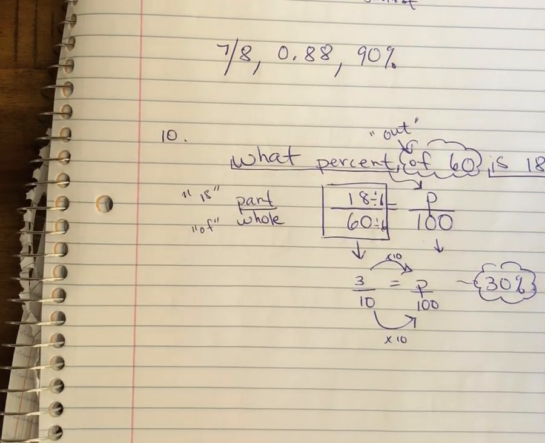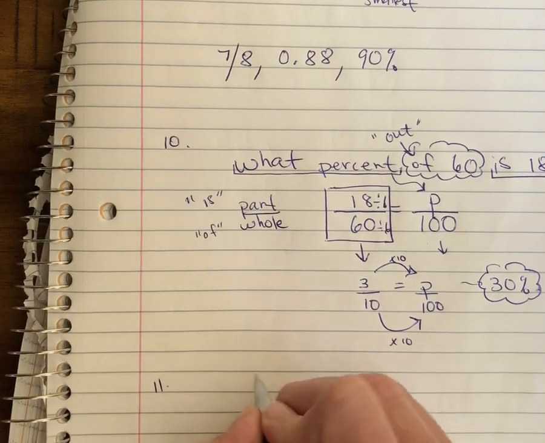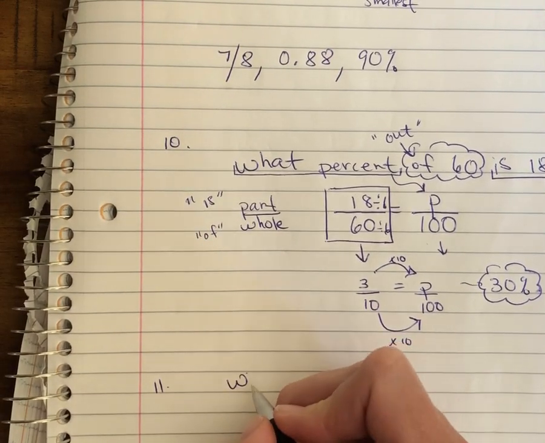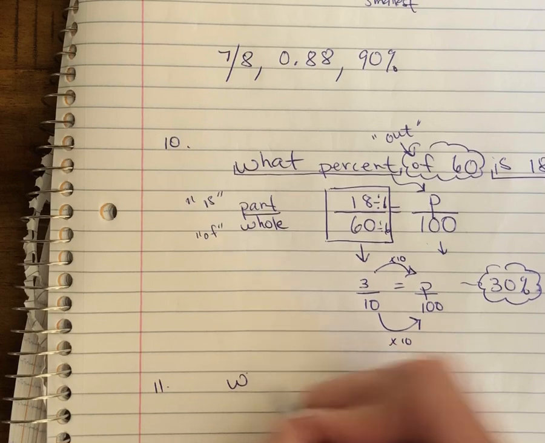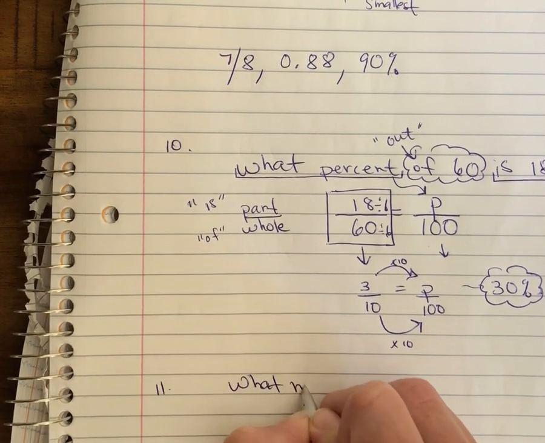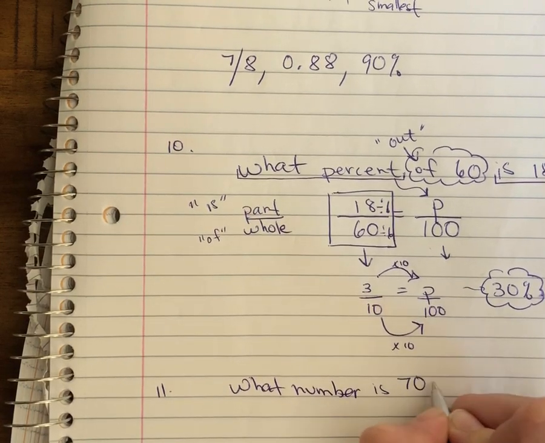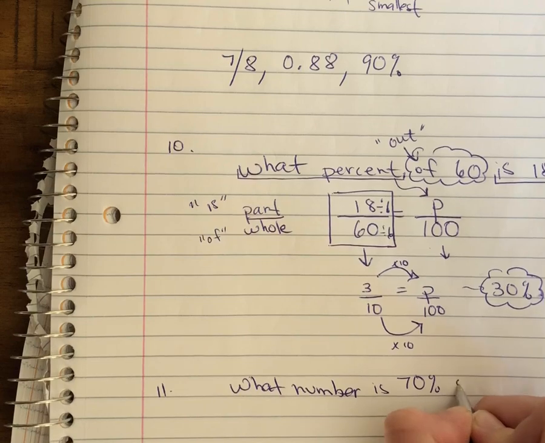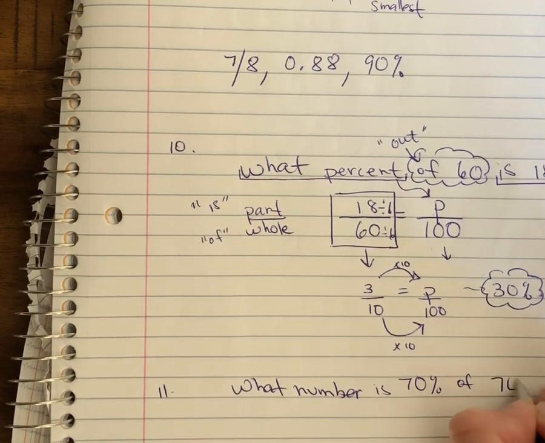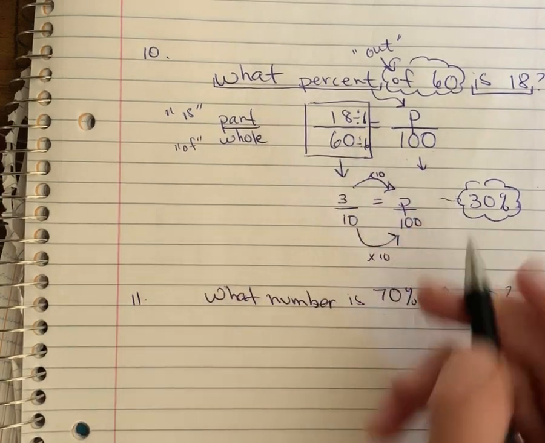All right, let's see. Number 11, same idea, another proportion. Let me write it out and then I can kind of break it up. It says, what number is 70% of 70? Ooh, interesting. Okay, I'm gonna set up exactly like this.